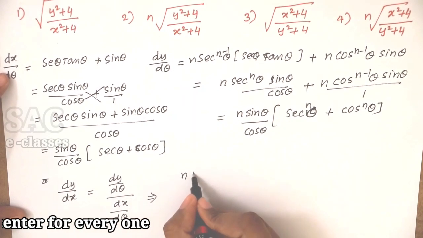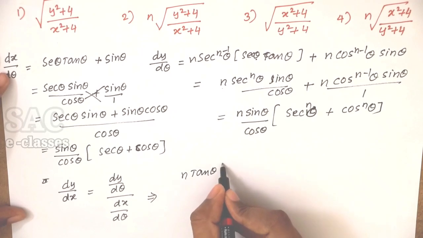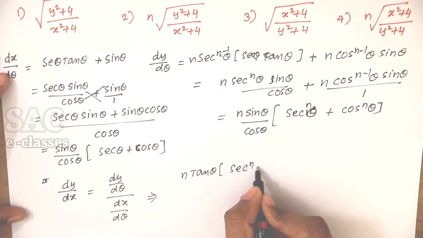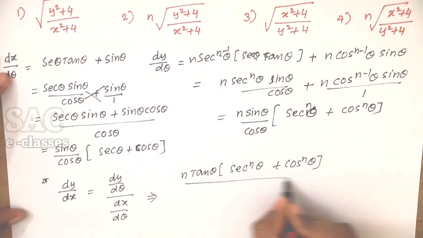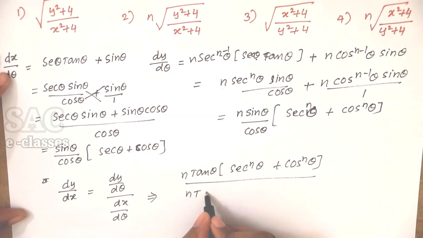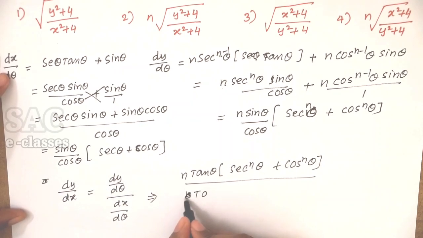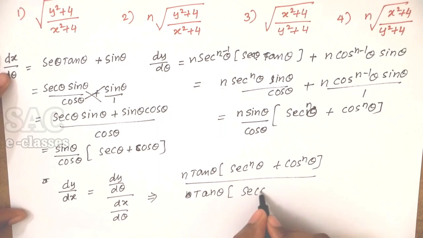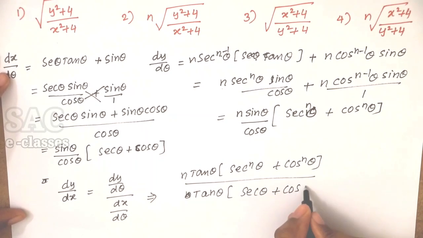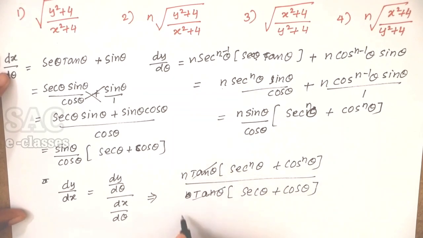So n tan theta into secant power n theta plus cos power n theta, by, sorry, not n theta, only tan theta into secant theta plus cos theta. n is getting cancelled.